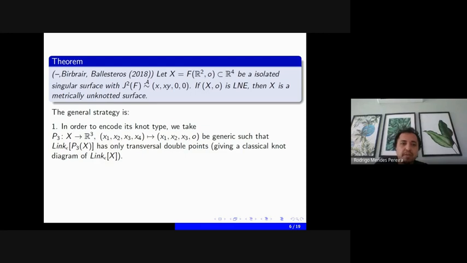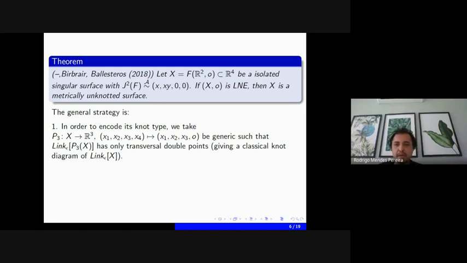So the general strategy is, first, in order to encode the knot type, we take the projection to R3. If this projection is generic, then the link has just transversal double points. These double points give a classical knot diagram of the link. So it's the first natural step.